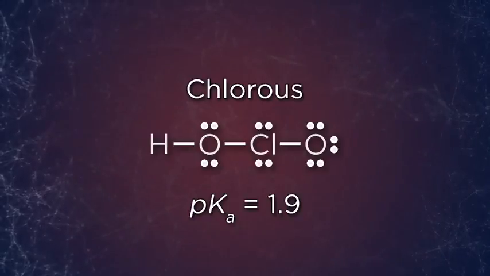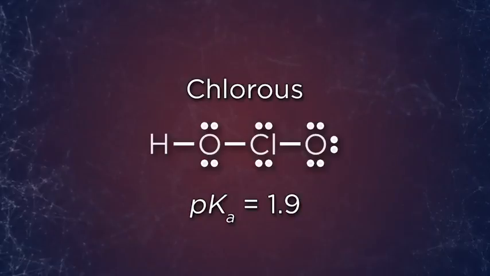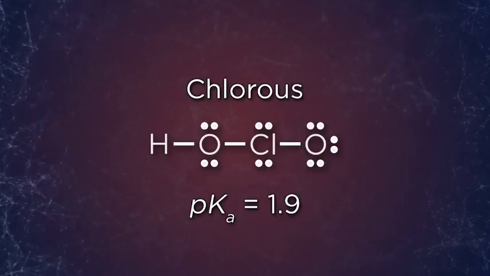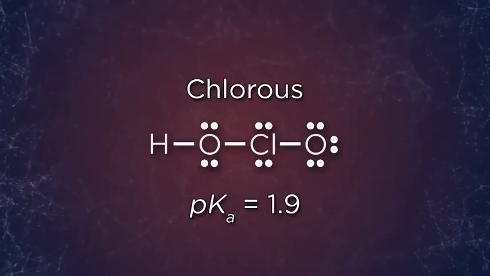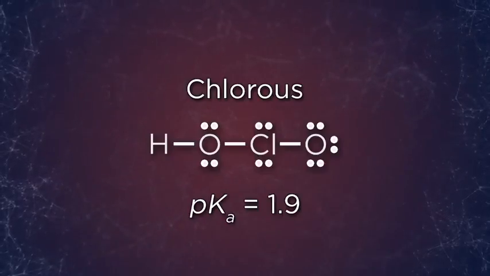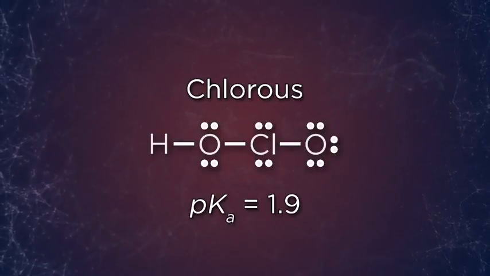So now the oxygen bearing the acidic proton is losing some of that negative charge density that made it so reluctant to release its proton in the first place. And the pKa of chlorous acid reflects this at about 1.9. That's more than 100,000 times as acidic as hypochlorous acid, all caused by one oxygen.